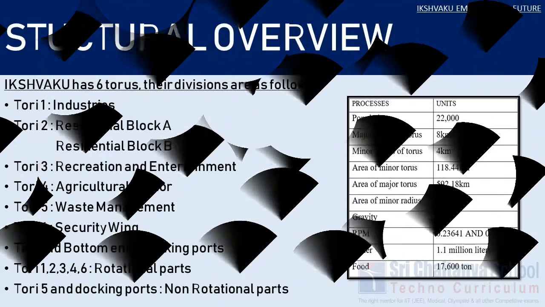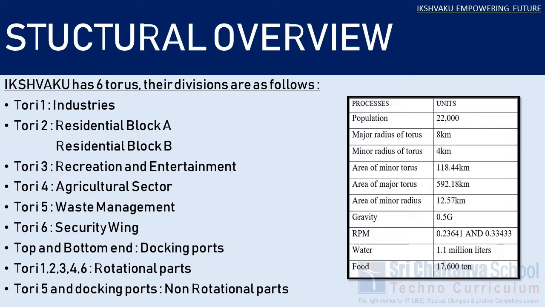This is the structural overview. Structural overview is the basic part of the body of Ikshvaku, as it makes it more convenient to understand its parts step by step. Industries are located in Torus 1, residential blocks A and B in Torus 2, recreation and entertainment in Torus 3, agricultural sector in Torus 4, waste management in Torus 5, security wing in Torus 6.